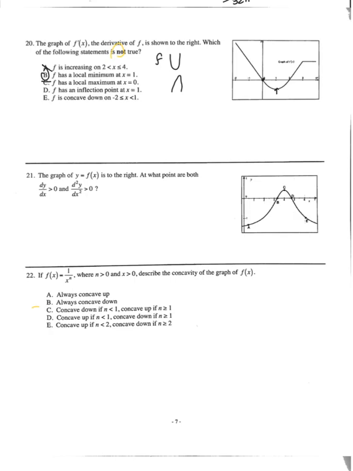So the slope of the slope does indeed change sign here. Or you could say that f prime of x goes from decreasing to increasing. That's another way you could say there's an inflection point. Concave down. So from negative 2 to 1, the slope of the slope is negative, which means f double prime is negative, which means it's concave down.